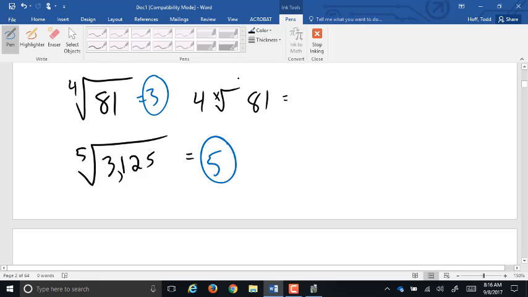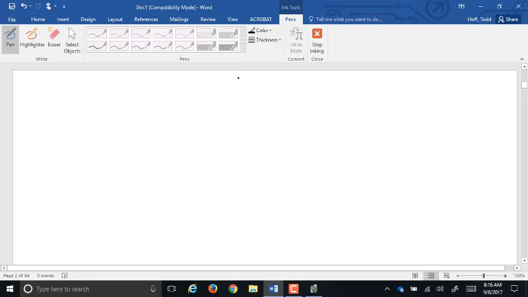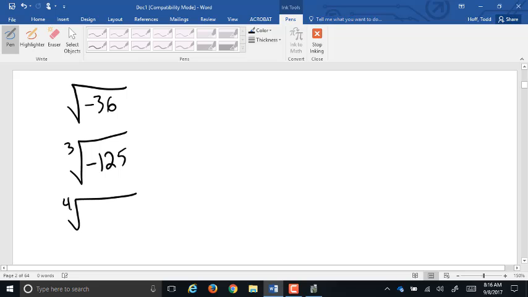Now I'm going to have you guys try a few of these here now. I want you to do square root of negative 36, the third root of a negative 125, the fourth root of negative 64.